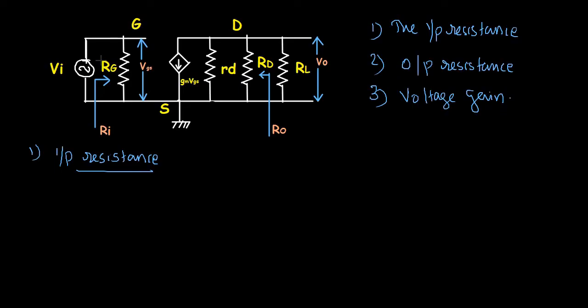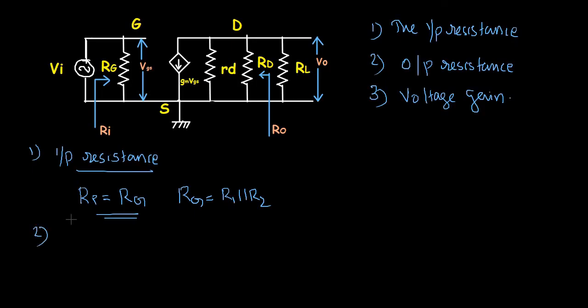If there is any source resistance present in this circuit, we neglect that and look into the input side. Then in the input side, we can identify only this resistance. So the input resistance Ri is equal to Rg. We already found that Rg is equal to R1 parallel R2. In our circuit, Rg is R1 parallel R2.